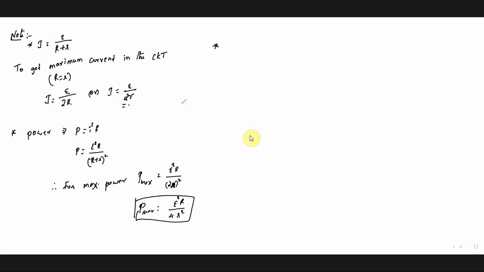Yes, sir. Now read on combination of cells. In that, first, series combination. Now in series combination of cells, let us consider this is one cell with internal resistance R1 and EMF E1.